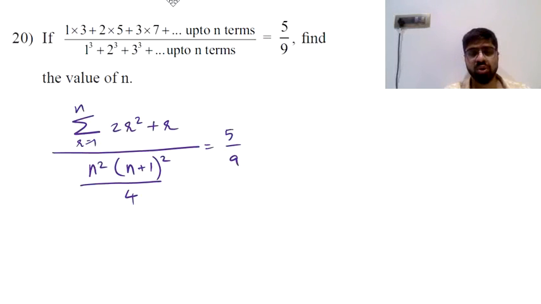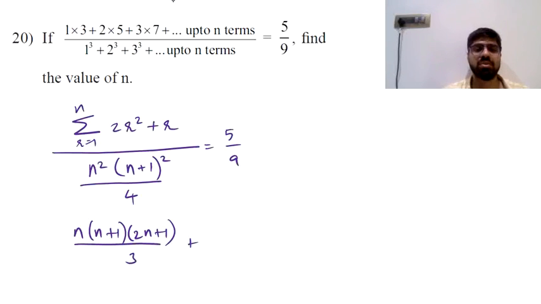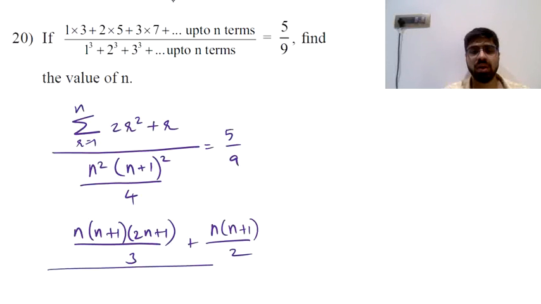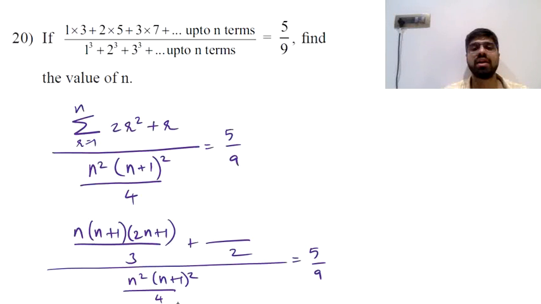Let's try to simplify the numerator now. So we have 2 into summation r square. So that will be 2n (n plus 1) into (2n plus 1) divided by 6. So that 2 gets cancelled with 6, giving you a 3 here. Plus summation r will be n plus 1 divided by 2. In the denominator you will have n square (n plus 1) the whole square divided by 4, and the value for this is equal to 5 upon 9. Cancel off that n plus 1, so you are left with a 1 here. Then there's n plus 1 getting cancelled.